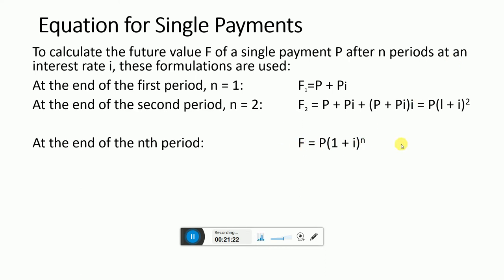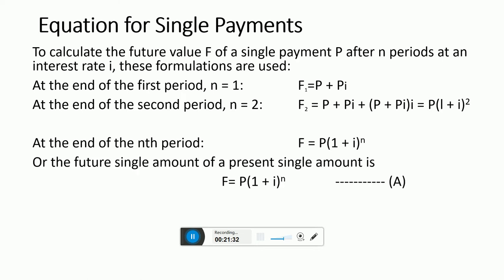So with this formula, we can calculate for any number of periods. So our future single payment, this equation A, we have to remember this equation, and we will be using this equation in our future examples.